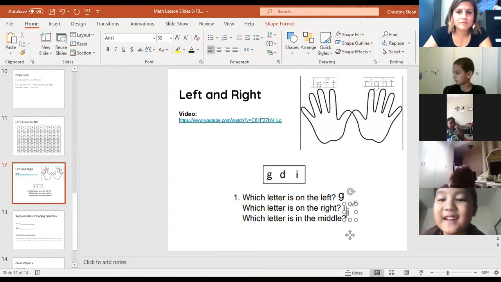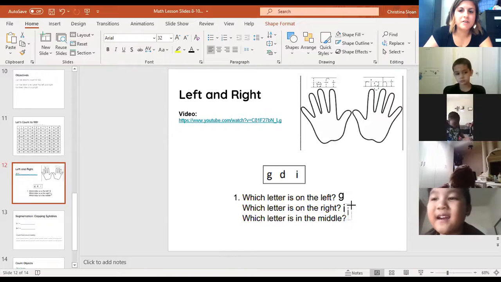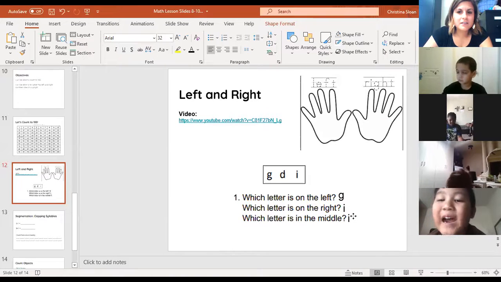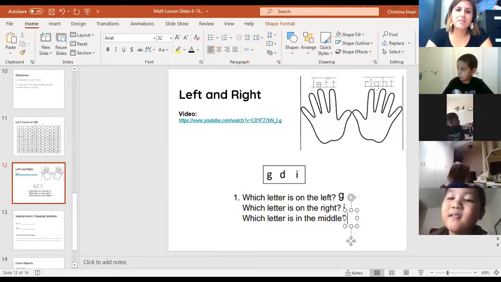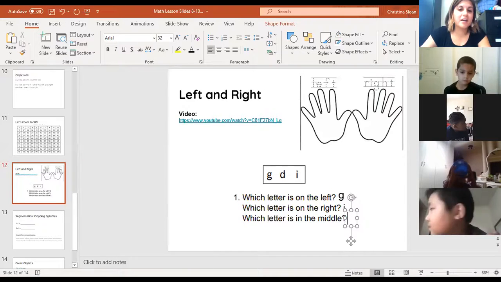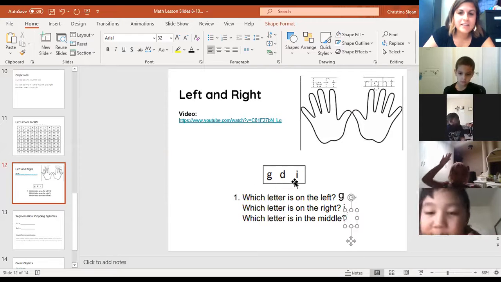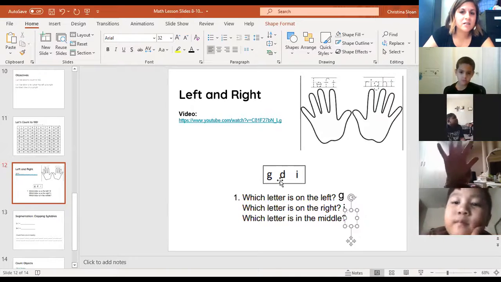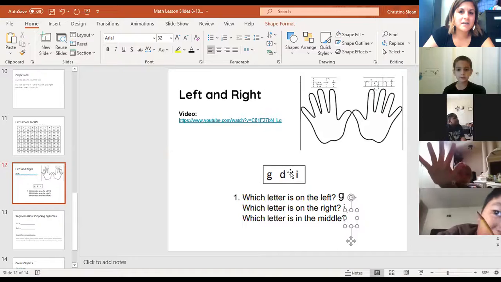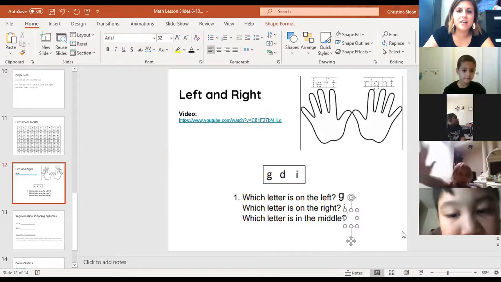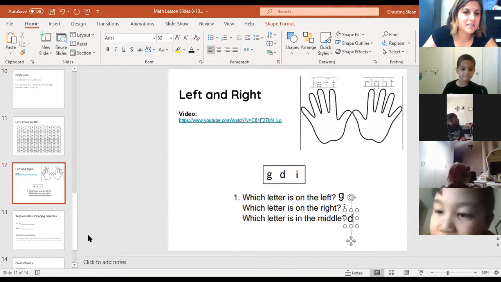Oh, you didn't raise your hand. I'm sorry. I thought you raised your hand. But can you help me figure out which one's in the middle? So we said that G is on the left, I is on the right. So what's in the middle? What's this letter here? E. D. Very good. Thank you, Genesis.